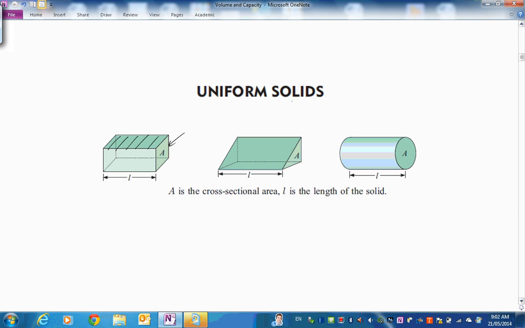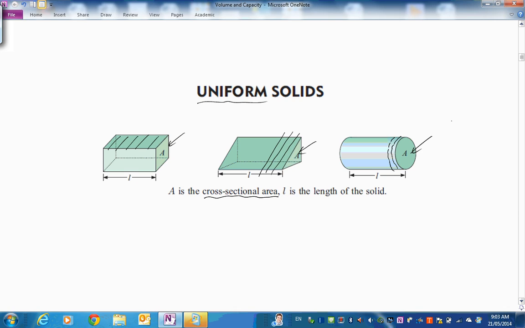And this one, if you cut through parallel to there, you would always get a triangle shape looking on the end. And if you cut through here, you would always get the same shape on the end, which would be a circle. So they're called solids of uniform cross-sectional area, or cross-section. When you cut across them, section across them, they're uniform all the way.